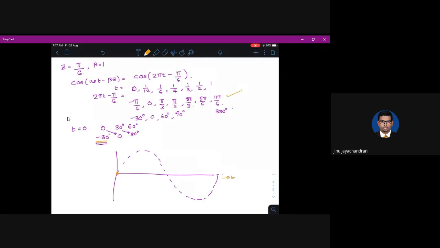The second waveform starts at minus 30 degree. Minus 30 degree is 330 degree, which is the same as this value here. At t equal to 30 degree, it reaches the value 0. I have plotted it as sine, not cosine, but it will be the same for cosine also. So you can see it comes something like this.